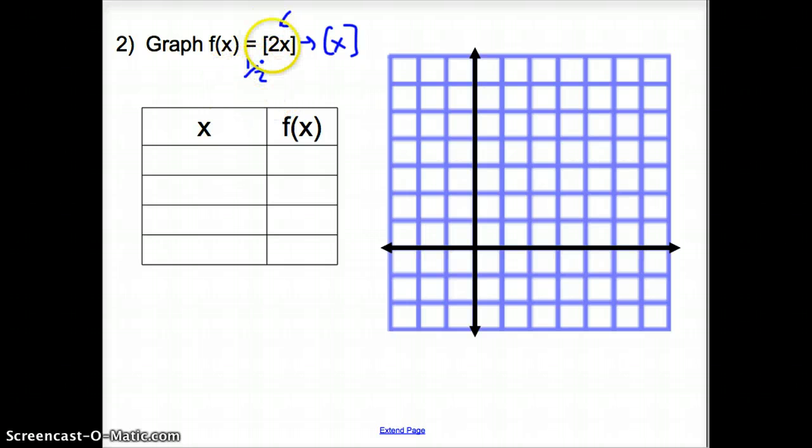So whatever you have to take it times, that's what is going to be our intervals for our x. And so here, it would be 0 to 1/2, 1/2 to 1, 1 to 1 and 1/2, and then 1 and 1/2 to 2.